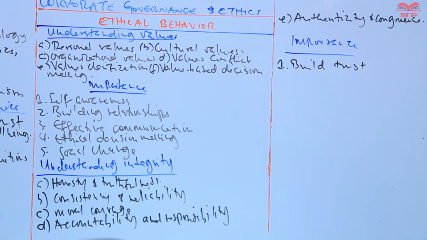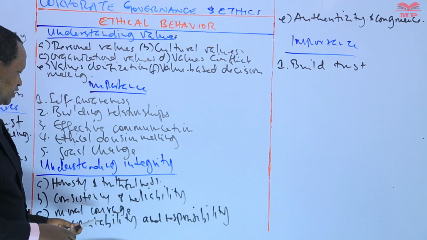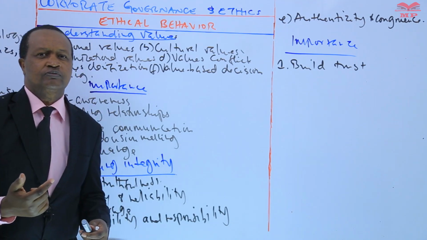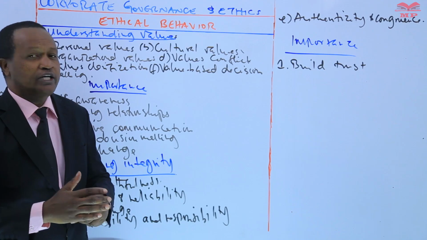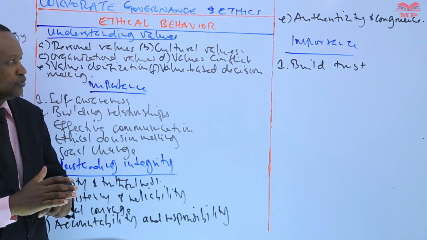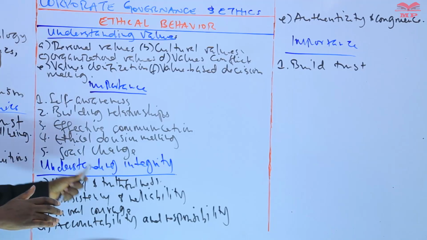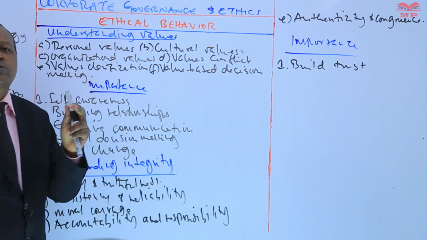When people know that you are honest, reliable, accountable, consistent, courageous, then people can trust you. People are more likely to trust you and your decisions. When people know that you are authentic, genuine, truthful, and honest, it helps build trust.